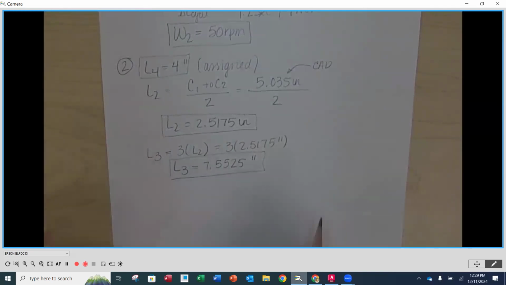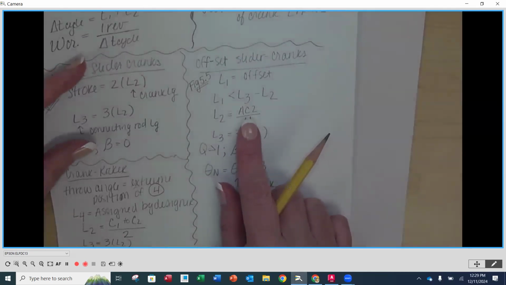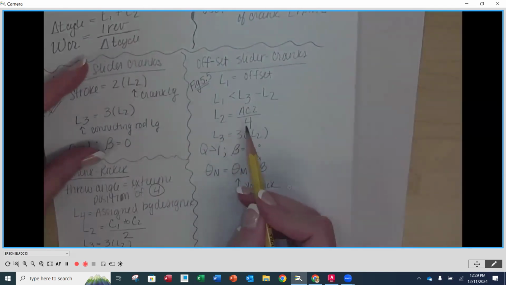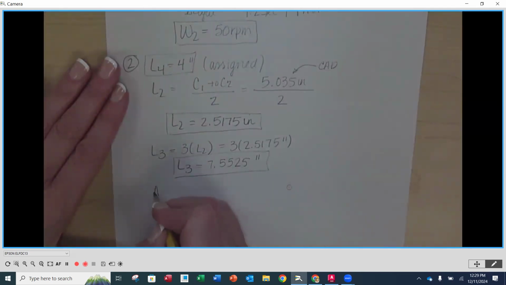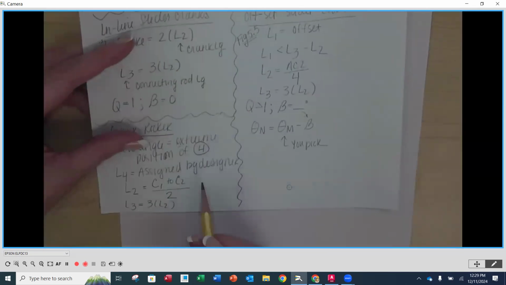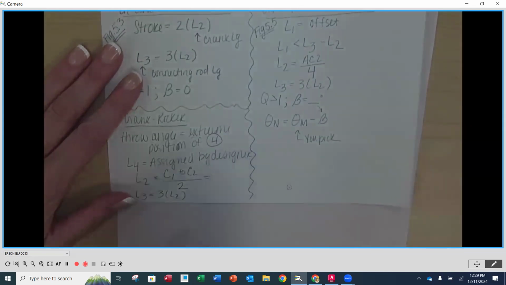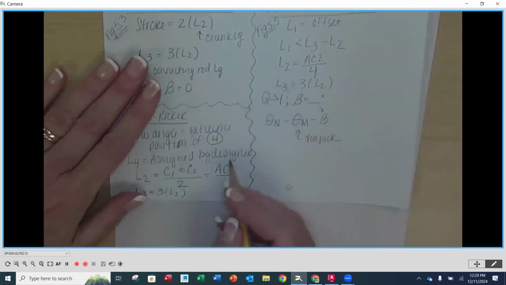Now, we also know, and this holds true because it's the same thing from the previous one, that A C2, the distance from A to C2, is going to be 4 times L2, right? So A C2 is equal to 4 times L2, from that relationship that we had previously. Okay, so this one also holds true down here. L2 is not only equal to C1 to C2, but it's also equal to AC2 divided by 4.